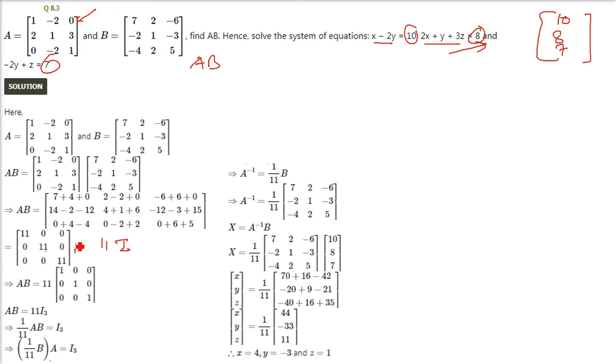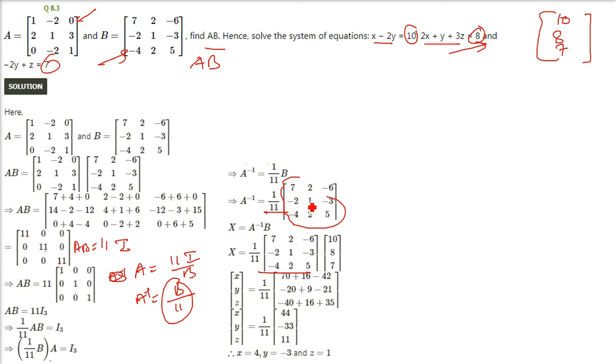AB will be 11 into I. In order to find A inverse, that will be B by 11, as I told you earlier. Now take the B which is given in the question, divide by 11, and multiply this with 10, 8 and 7. When you multiply, you will get the proper values: X equals 4, Y equals -3 and Z equals 1.